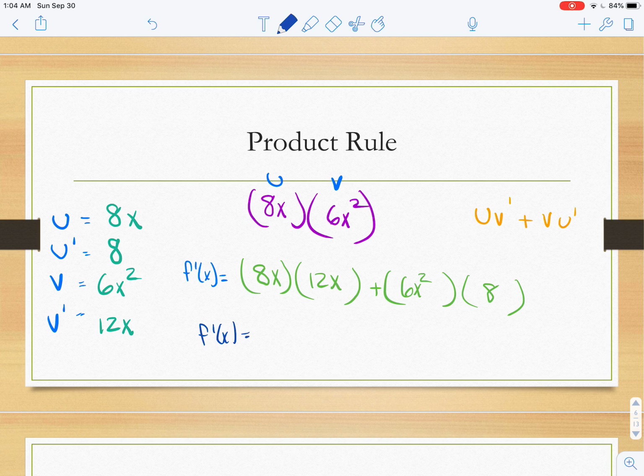All of that over our low squared, which is x squared plus 4 squared.